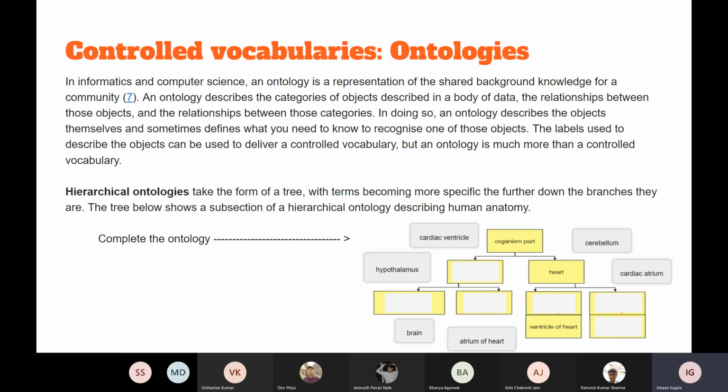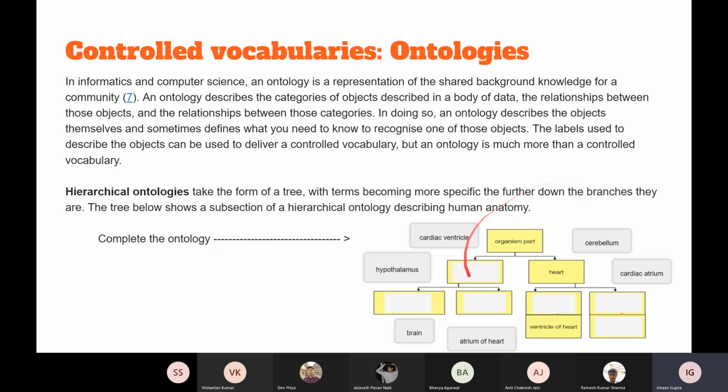Ontologies are essentially an idea where shared information can form a relationship between two objects, and this relationship can be described in the form of networks. These networks are going to be populated again by controlled vocabulary terms to describe something. All right, so hierarchical ontologies take the form of trees specifically, and they become more specific as you go down.